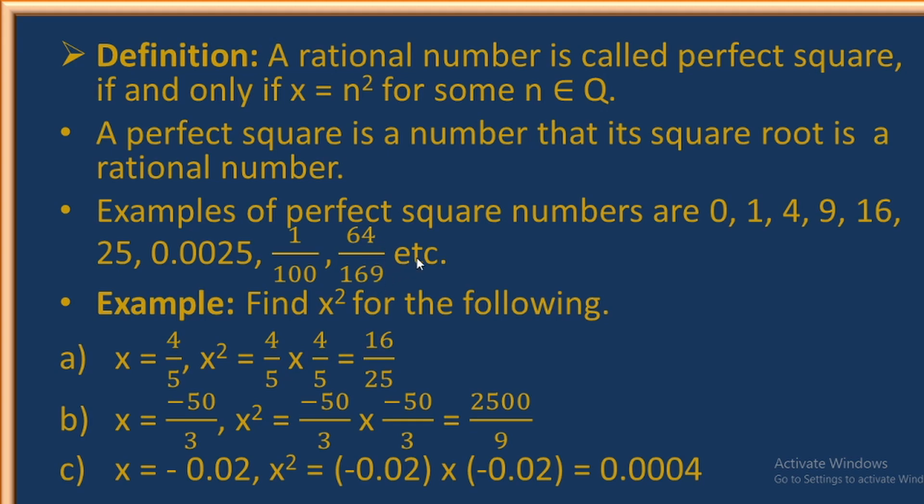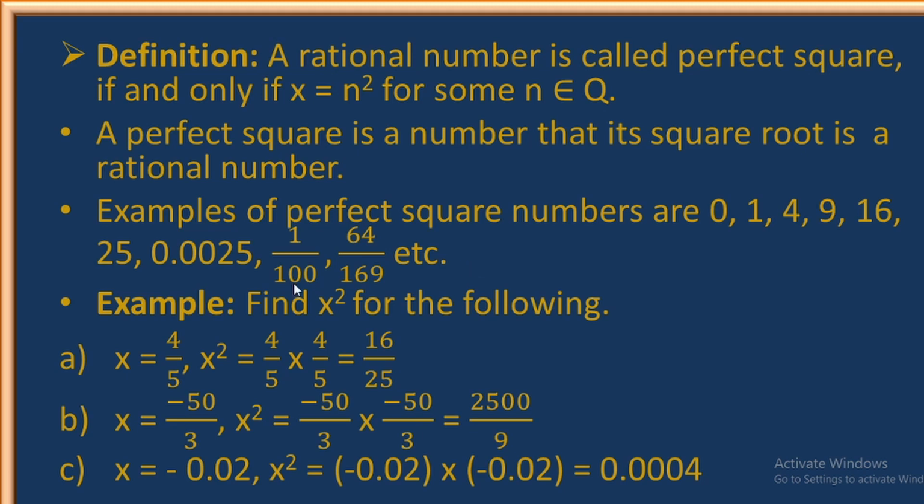It continues just like this. You can mention different kinds of perfect square numbers, but numbers like 2, 3, 5, 6, 7 are not perfect square numbers, because there is no rational number whose square gives this kind of number.